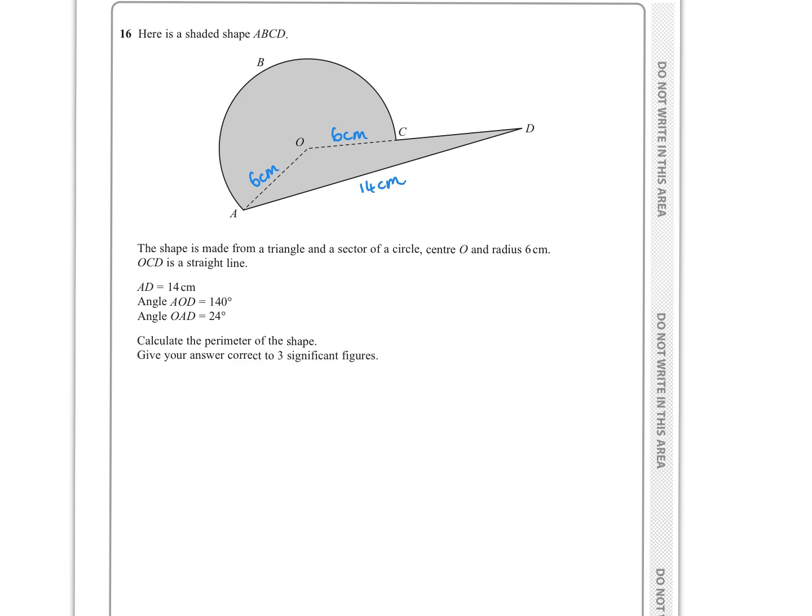Angle AOD is 140, that will be the obtuse angle, and OAD is 24. So we've got to calculate the perimeter of the shape. So I think the best thing to do is to work out this part of the perimeter of the circle, then add 14, and then add this value which we don't know, which we're going to now call x.